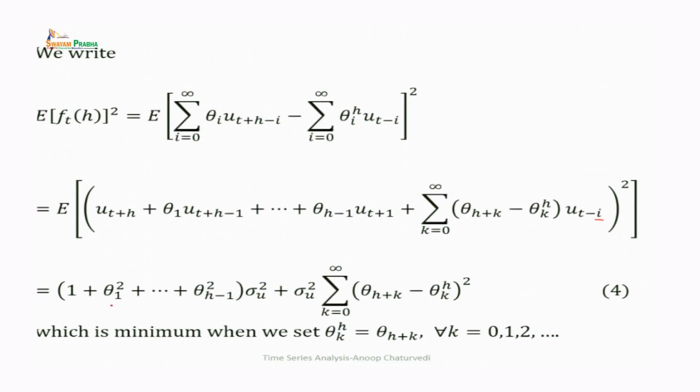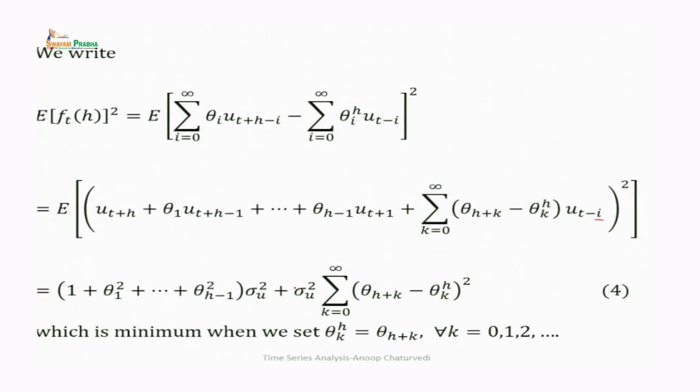So, you get 1 plus theta 1 square, and so on up to theta h minus 1 square, times sigma square u, plus sigma square u into summation k equal to 0 to infinity of theta h plus k minus theta k h, whole square. And then your objective is to minimize this quantity, that is, you have to obtain the values of theta k h in such a manner that this is minimum.